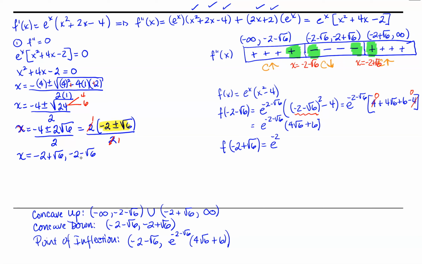We have e to the -2 plus square root of 6 times the quantity -2 plus square root of 6 squared, minus 4, which gives us e to the -2 plus square root of 6 times, and now if I square this perfect square, I will get 4 minus 4 square roots of 6 plus 6 minus 4.